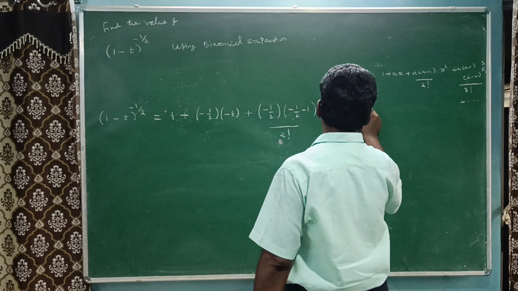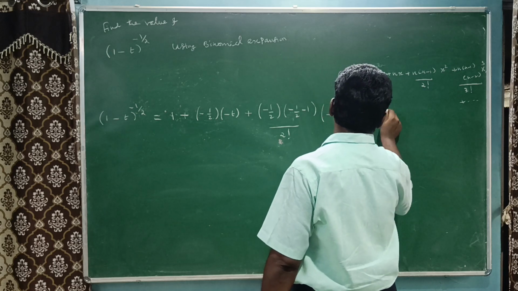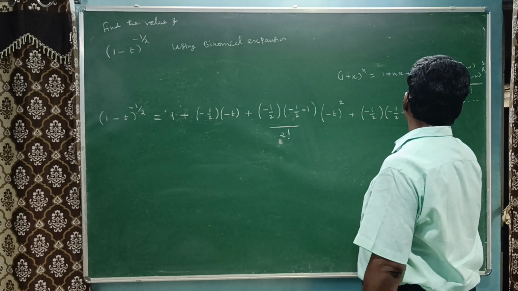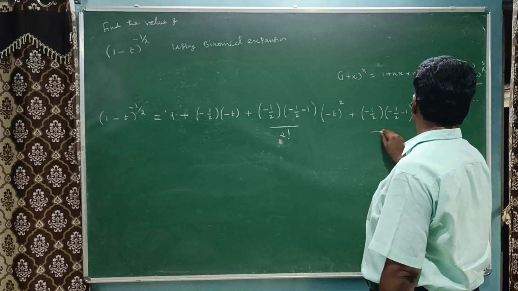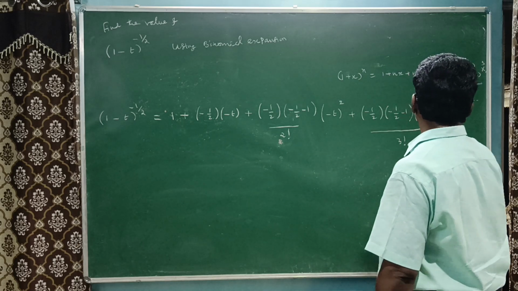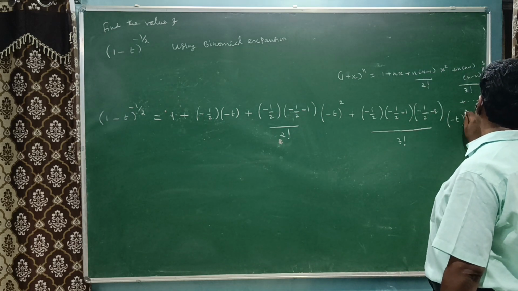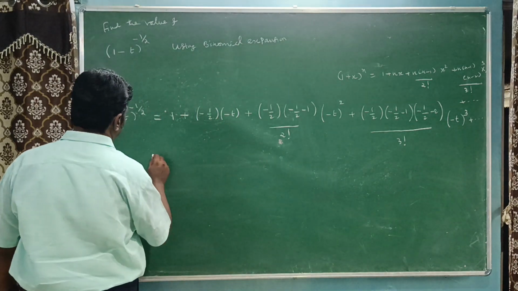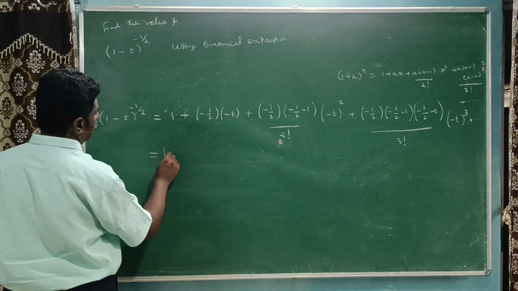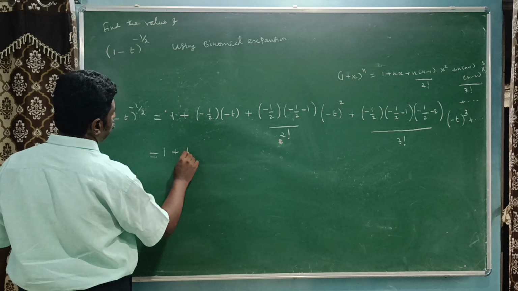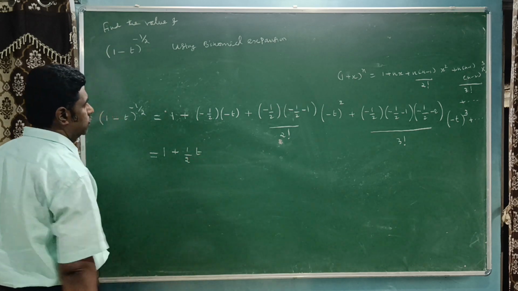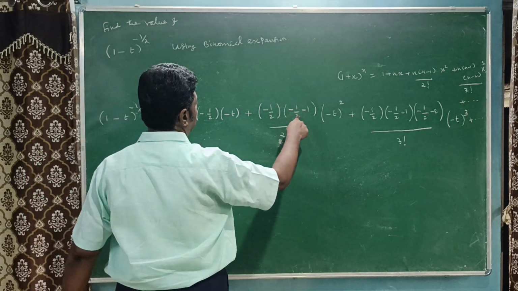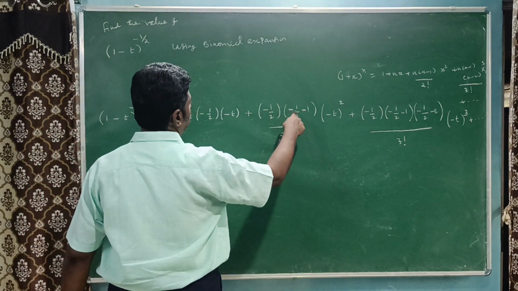Next term: n(n minus 1)(n minus 2) divided by 3 factorial x cubed, that is minus t whole cubed, and the series is going on. If you simplify this, 1 plus 1 by 2 into t is the first term, because minus into minus is plus. Then there is minus 3 by 2, minus 1 by 2 into minus 3 by 2.